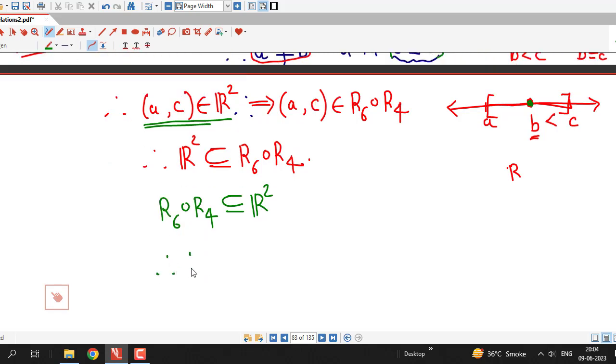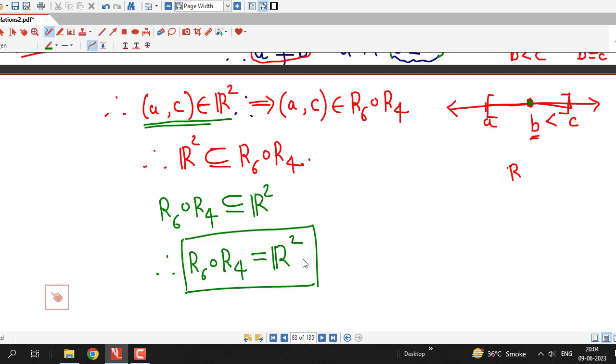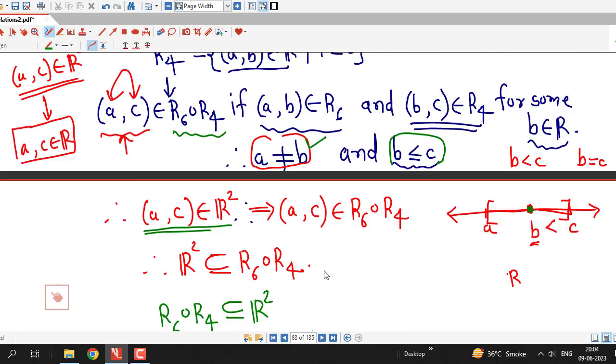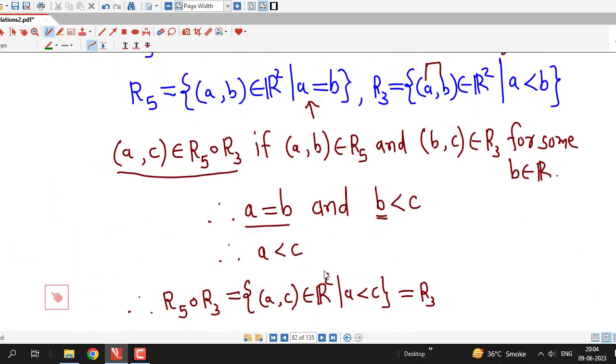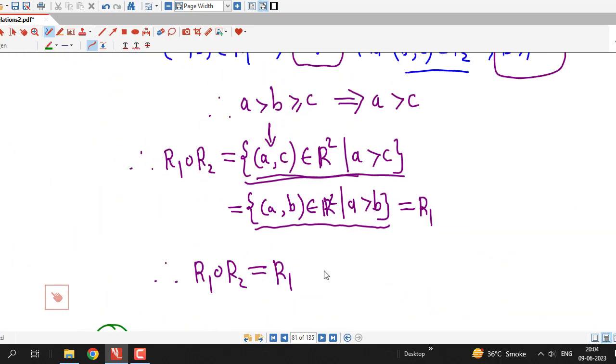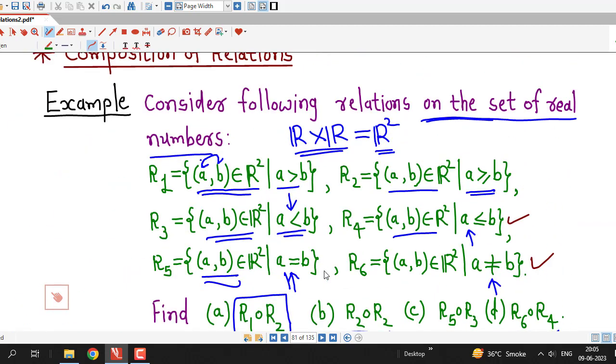So what is the meaning of this? R6 composite R4 and R2 must be equal. That means the composition of R6 and R4 is nothing but R2, or R cross R. So this turns out to be the universal relation: R6 composite R4 equals R2. In this way you can decide the composition of given relations using the definition of the given relations.